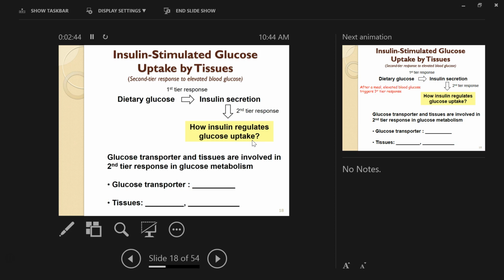Okay. Now, last time I think we stopped here. We discussed the two different types of response to the increase in blood glucose levels after a meal. First tier response, do you guys still remember?